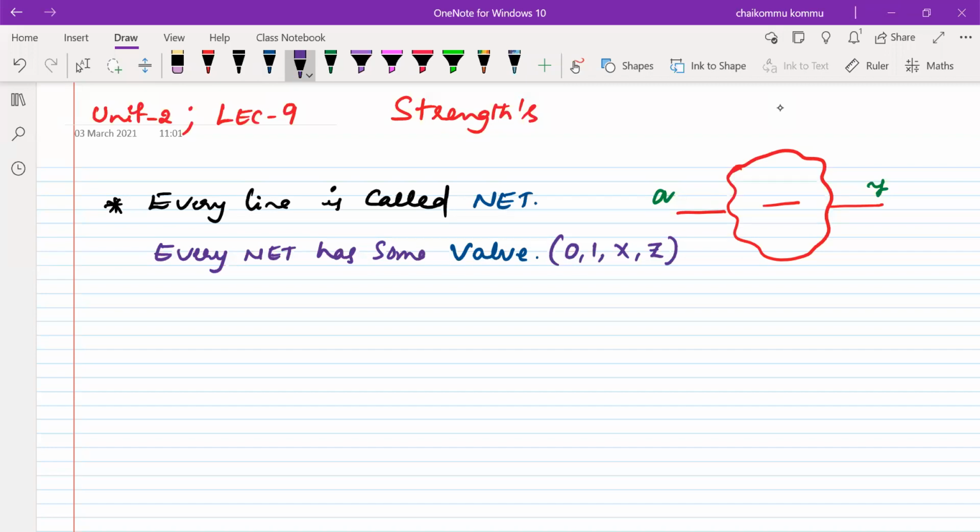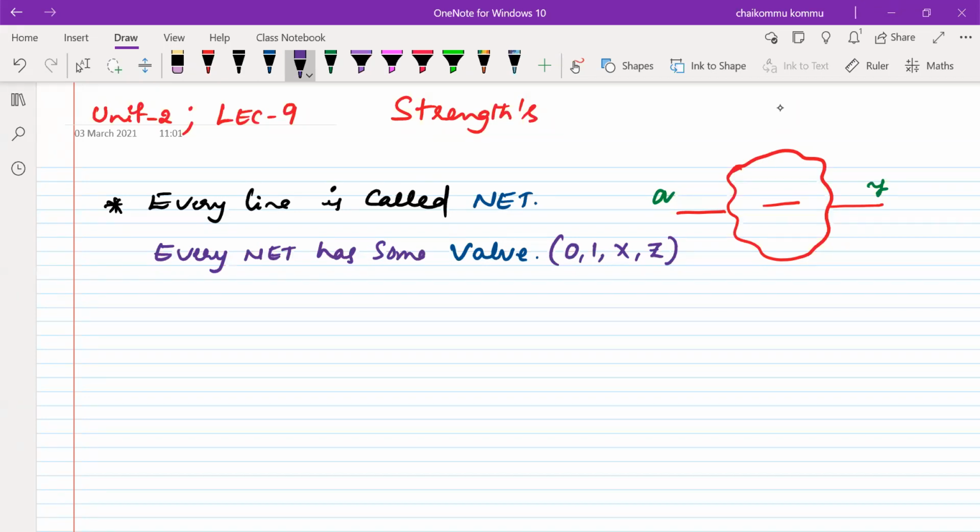Anyway, these lines have some kind of strength. Why? Because each and every line offers some kind of impedance. Some impedance is associated with each and every line or net. The weight of the impedance can be treated as a strength.